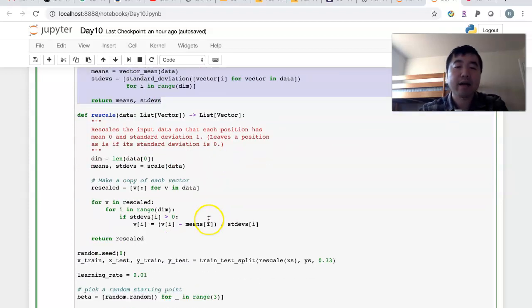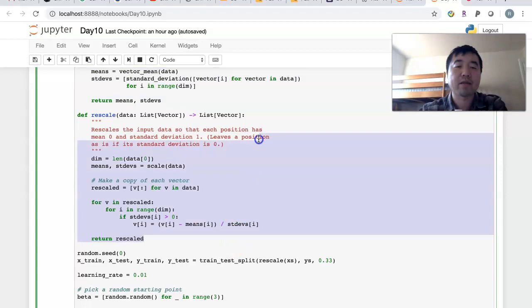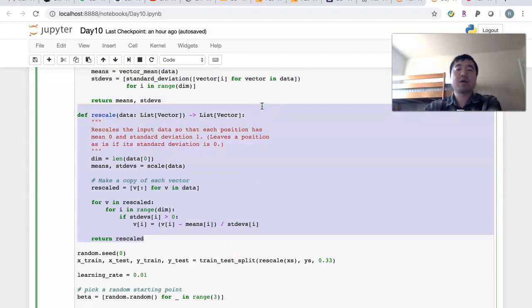The rescale function rescales the dataset so the data always has a mean of 0 and a standard deviation of 1. As we know, the mean of some data points could be 100 or 1000, so this function rescales them so all the data points are in a similar range.